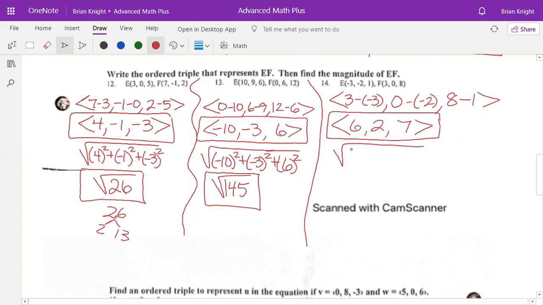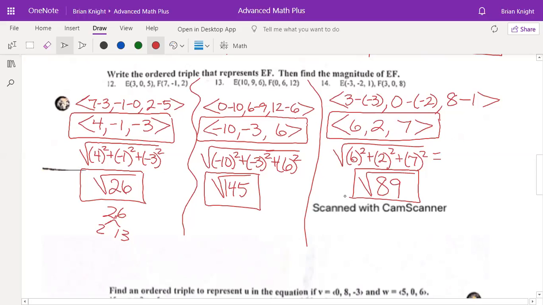And so to get the magnitude, we say 6 squared plus 2 squared plus 7 squared. That's 89, which also is prime. Okay? Everybody good? Okay, these last 9 have been fantastic. Aren't they great? Keep up the trend.